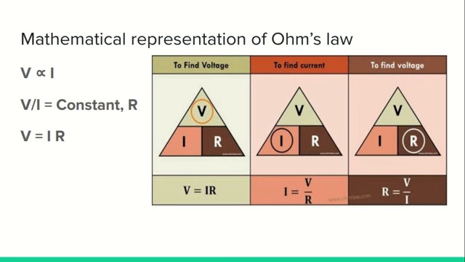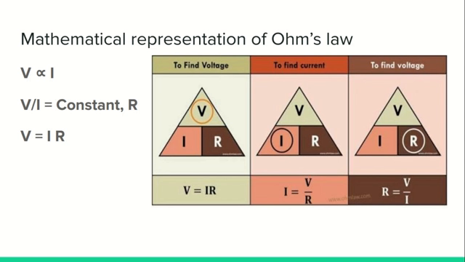So whatever we spoke till now, the mathematical representation of Ohm's law says that V is proportional to I. That is, the potential difference is directly proportional to the current flowing through the circuit. And if we want to remove the proportionality symbol, we need to introduce a constant.